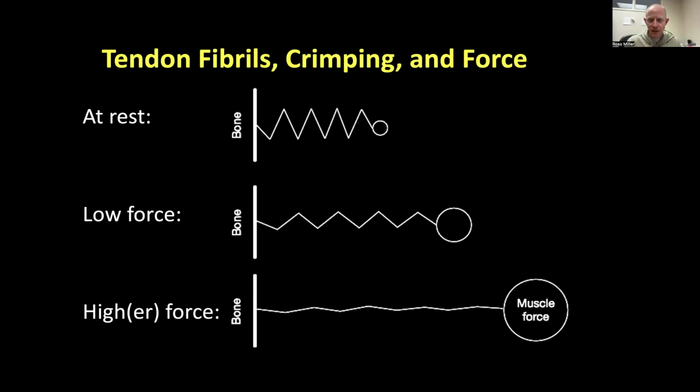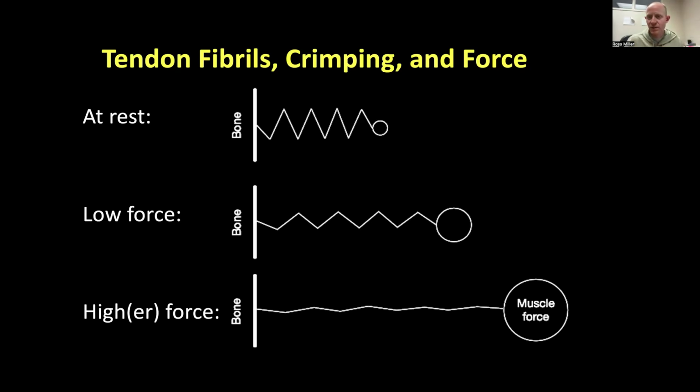Okay. As you apply larger and larger forces to those crimped fibrils. And what is that force? Again, this would be the force developed by muscle fibers and expressed on the tendon, stretching that tendon.